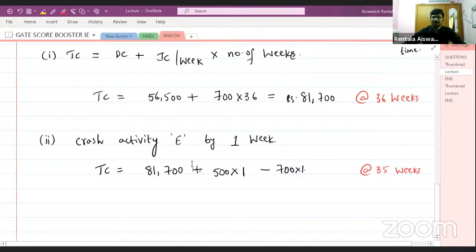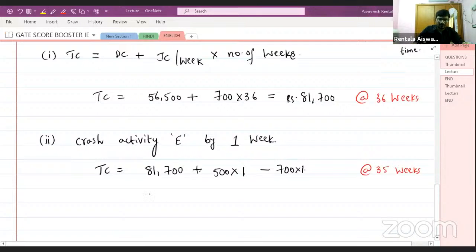Okay. So I think this will be the best way to update the total cost. Okay. So previously this was the total cost. So after crashing this by 1 week, additional charge will be 500 into 1, right? And your project duration is reduced by 1 week. Okay. So 700 rupees should be reduced, right?